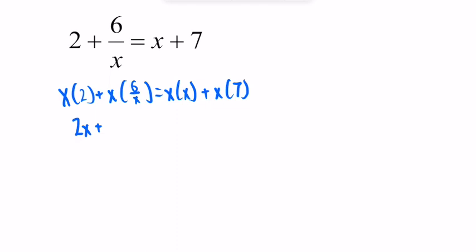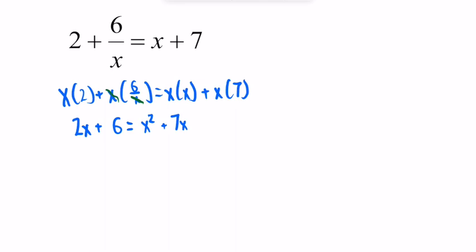In the next part, the x we're multiplying by and the x we're dividing by cancel out, and we're left with 6. On the right side of the equation, we have x squared plus 7x.